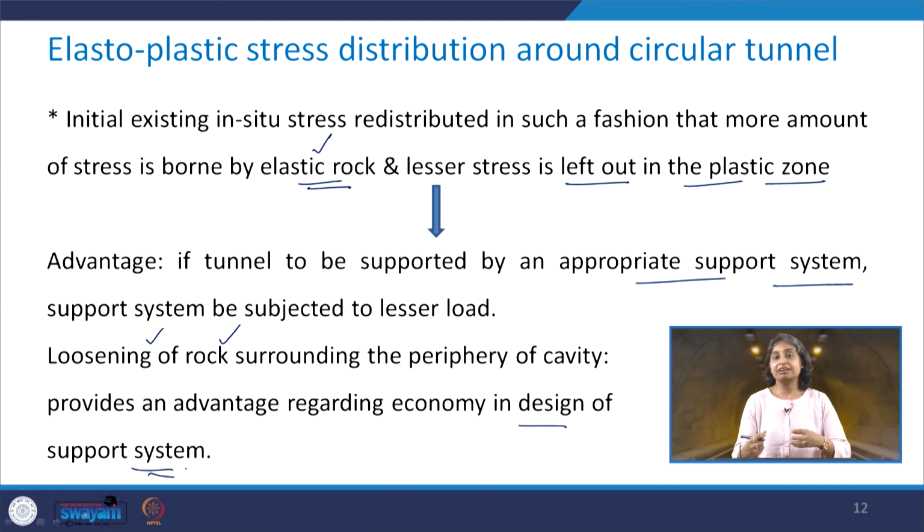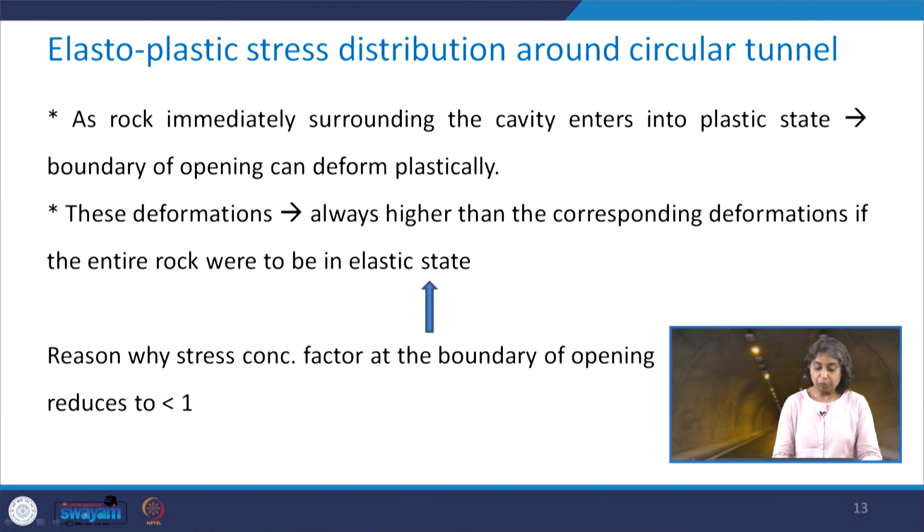This we will learn in detail when we study the rock mass tunnel support interaction analysis. So, if you allow the deformation to take place, of course, the stresses on the support system are going to be low, and therefore, we can achieve larger economy in the design of the support system.